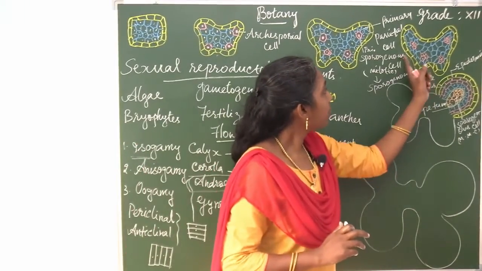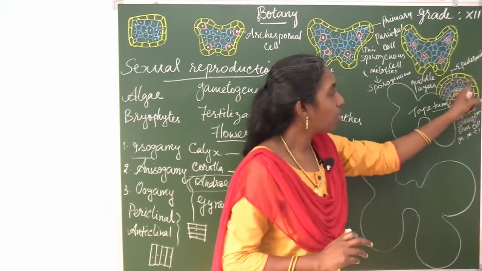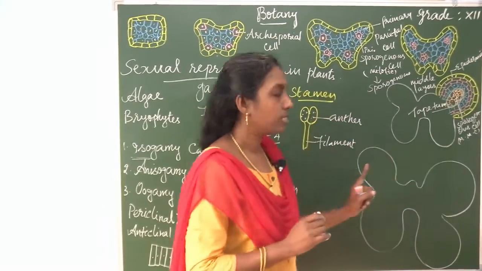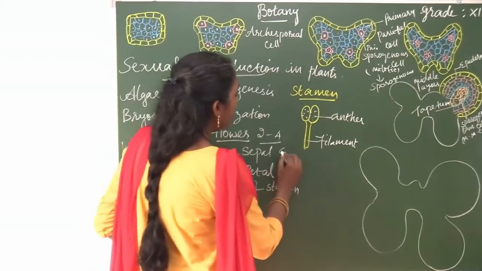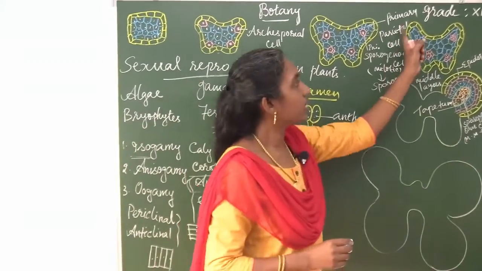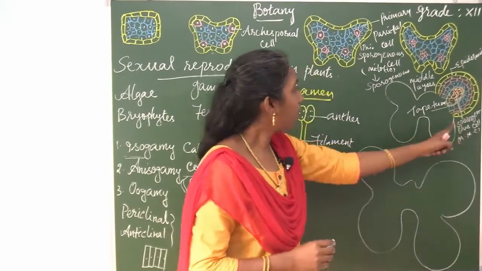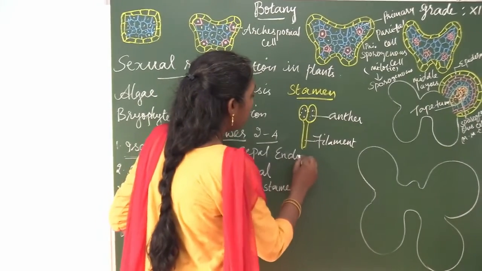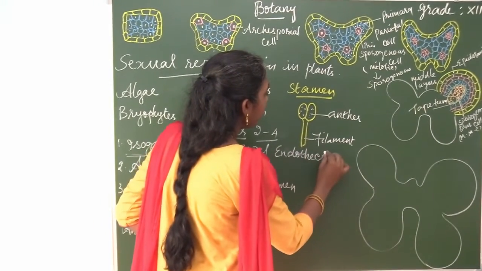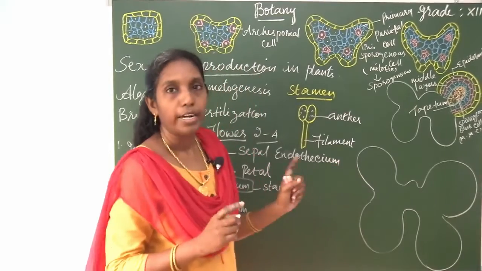Look at this diagram. Here there are different walls. The outermost layer is the epidermis. Now it forms the endothecium.